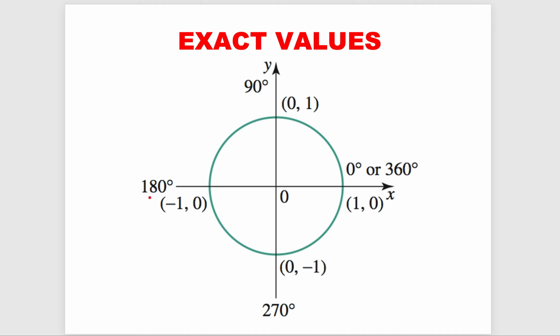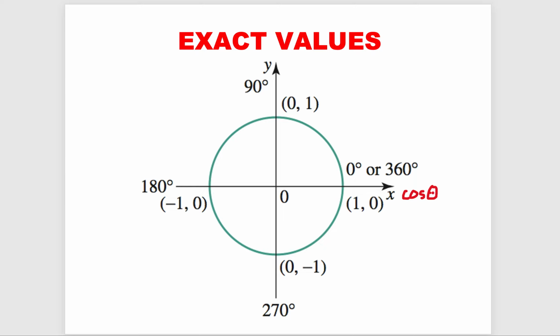So just coming back to this idea of the unit circle, here's a picture of one. Remember, the unit circle has a center at 0, 0 on the Cartesian plane and a radius of 1. And the big idea I want you to remember from last time is that we read values of cos theta from the x-axis.